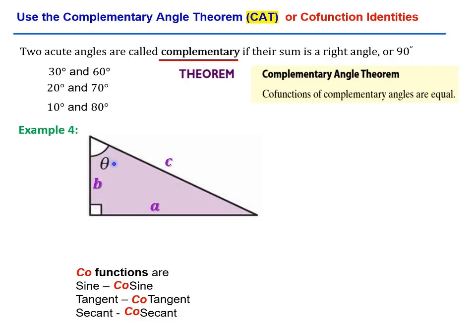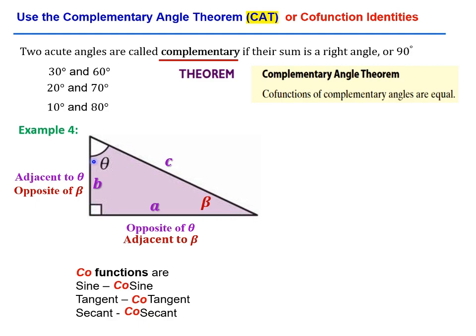The side opposite to theta is this A, and the adjacent to theta is B. If I introduce another angle, beta, the side opposite to beta is B, and the adjacent to beta is A. The hypotenuse will still be the same. So C is the hypotenuse referring to angle theta, and C is also the hypotenuse referring to angle beta.